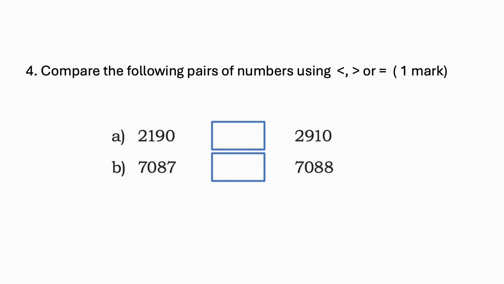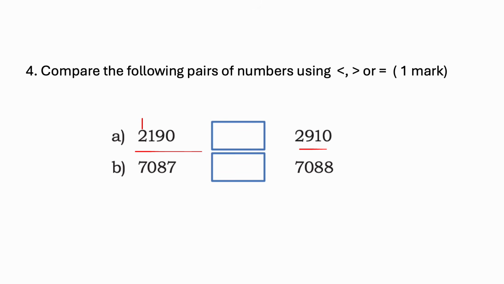Compare the following pairs of numbers using less than, greater than or equal to. This is also a 1 mark question. See first one, 2190, 2910. So both numbers have 4 digits. First digit is 2.